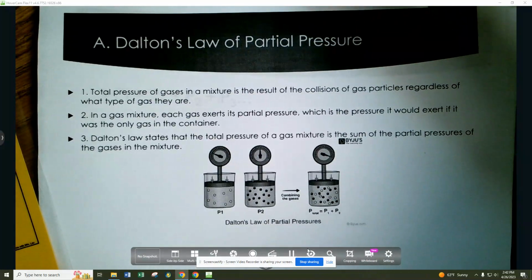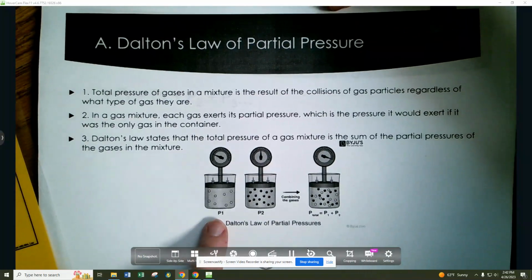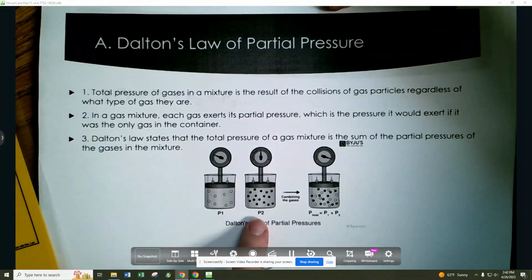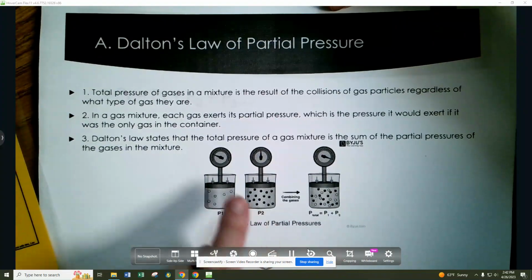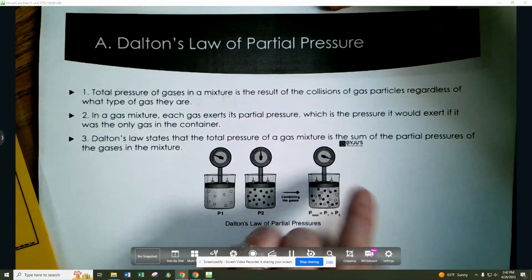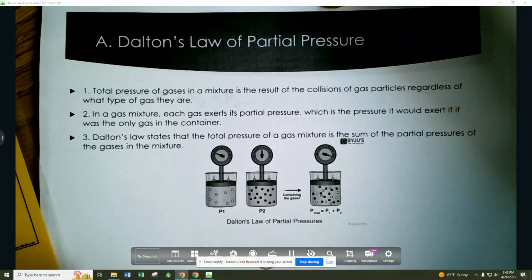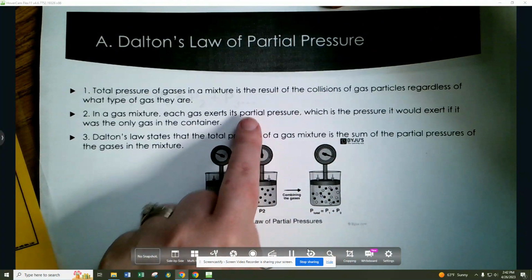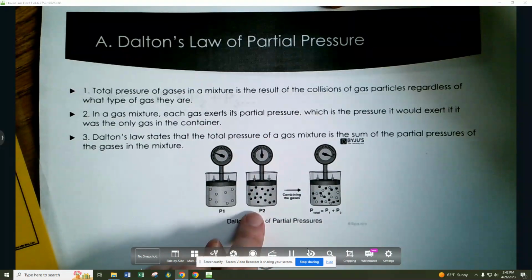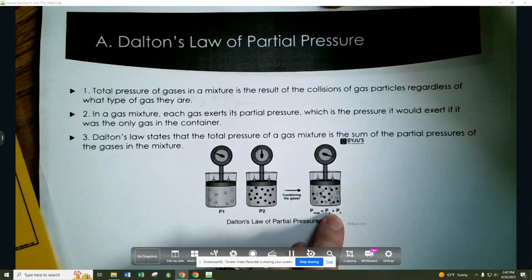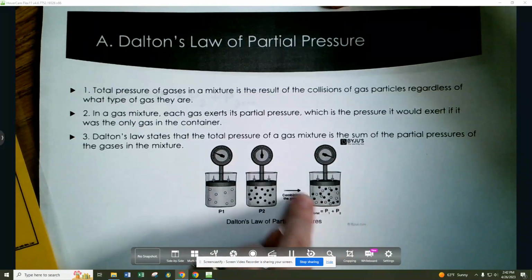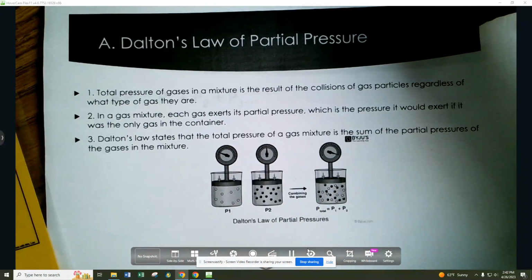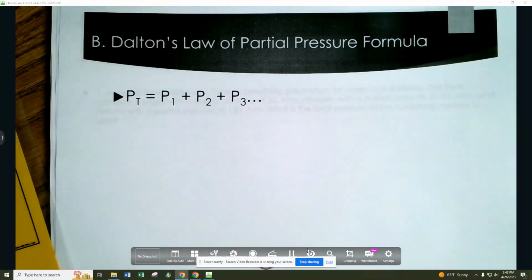So we have pressure 1 of this gas and pressure 2 of the other. If we wanted to know the total net pressure of the system if we mix them together, it would be a sum of these. These are exerting what we call partial pressures, and that gives us the total pressure of the entire system.